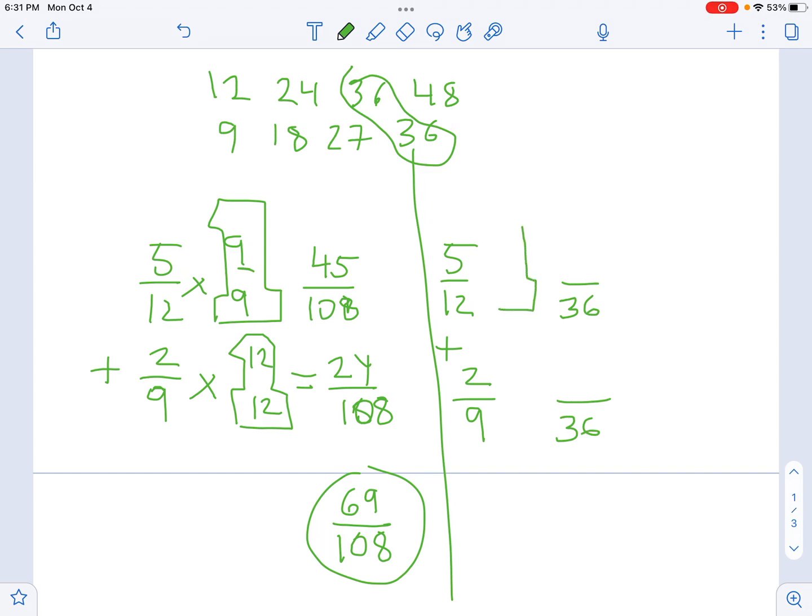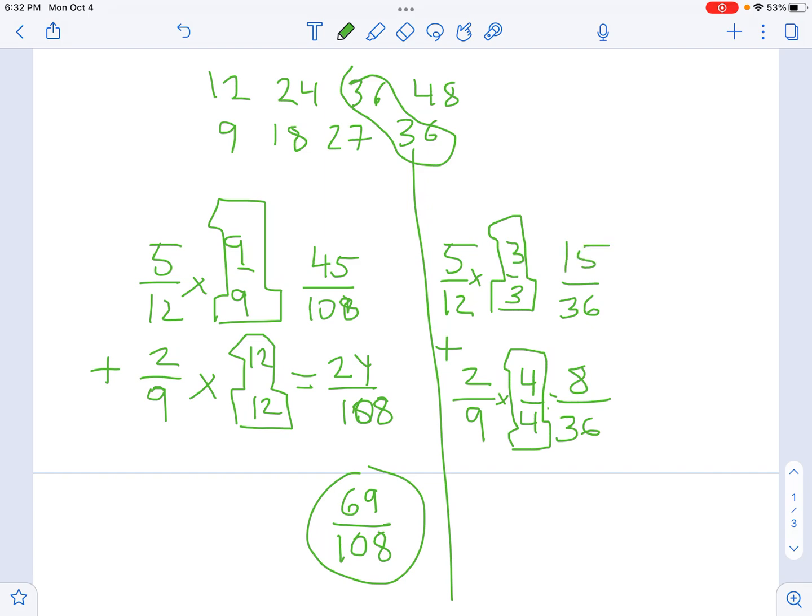And my form of 1, so times, is going to be, in this case, 3. And in this case, it's going to be 4. Equals, okay, so 2 times 4 is 8, 5 times 3 is 15.